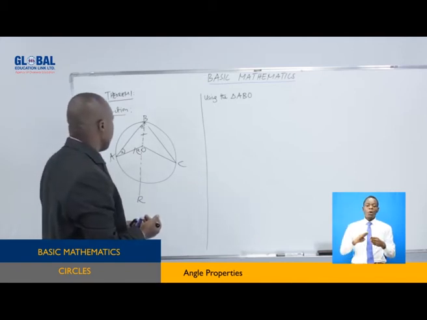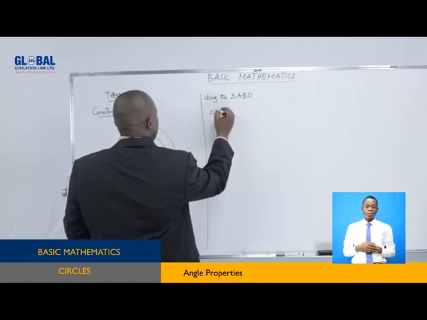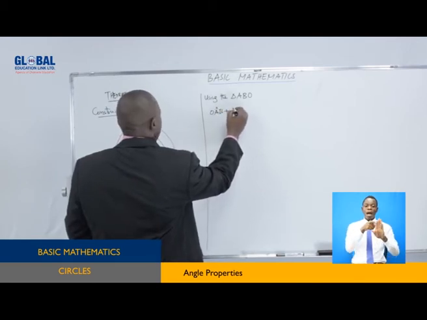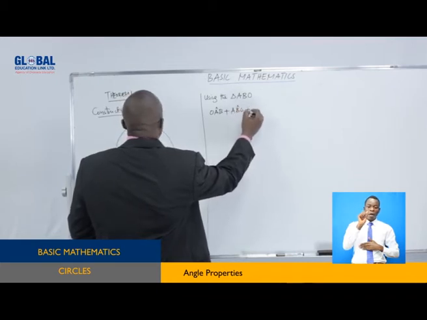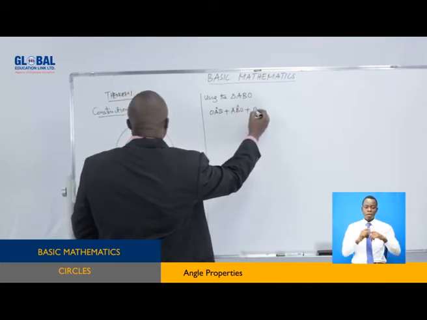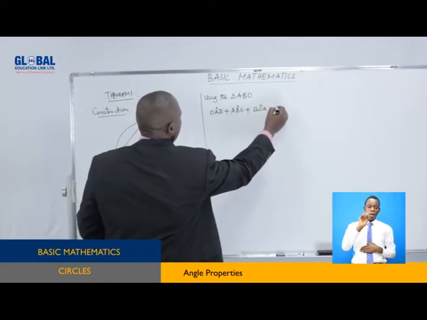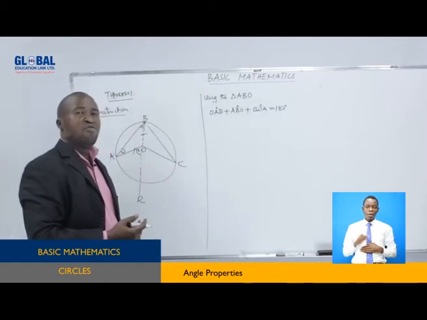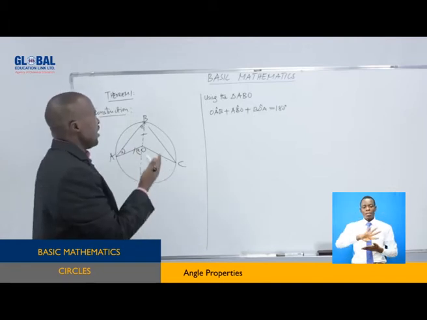Now, in this case, we say angle OAB plus angle ABO, then plus angle BOA, this is equal to 180 degrees, the sum of angles inside the triangle ABO.